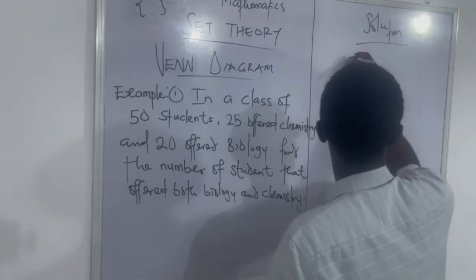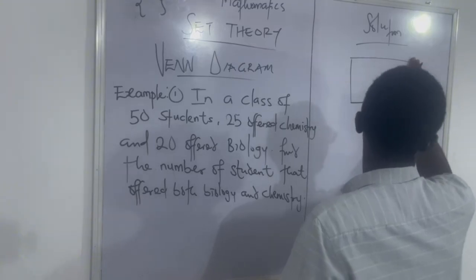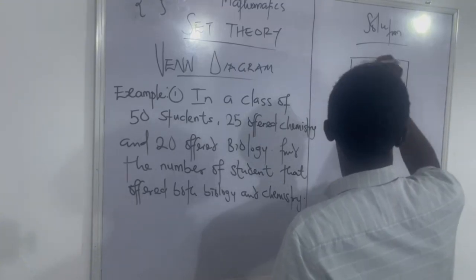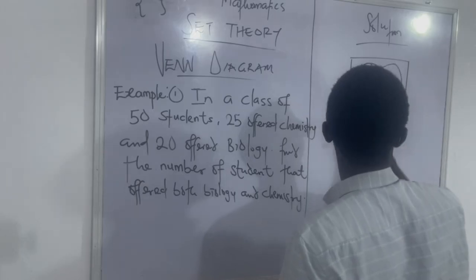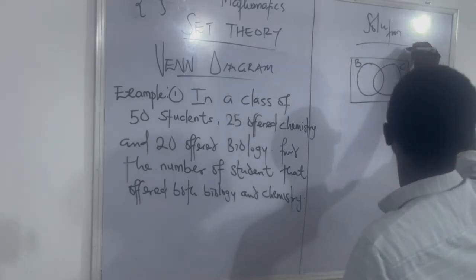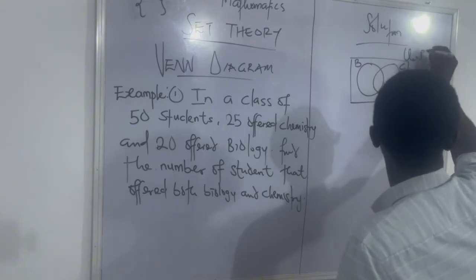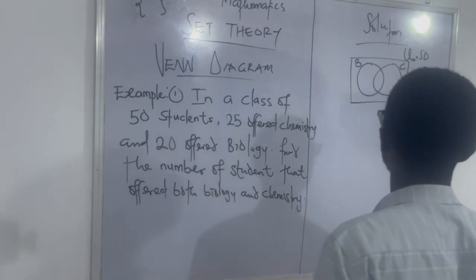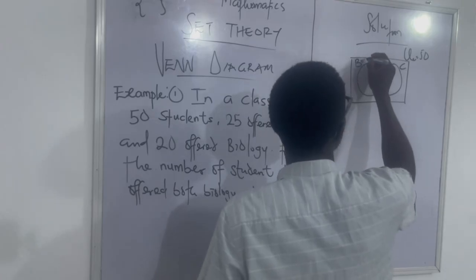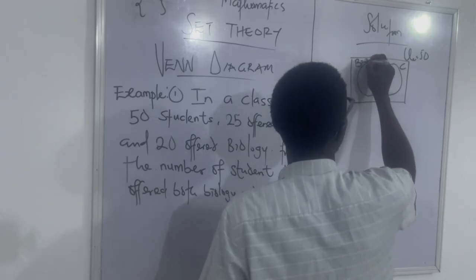Solution. Biology and chemistry. Universal set is 50. So now the set biology is 25.